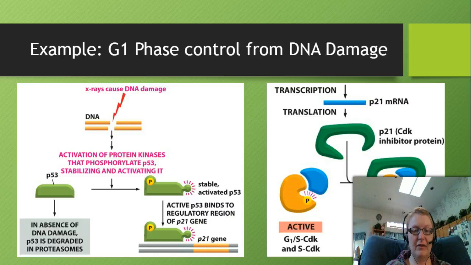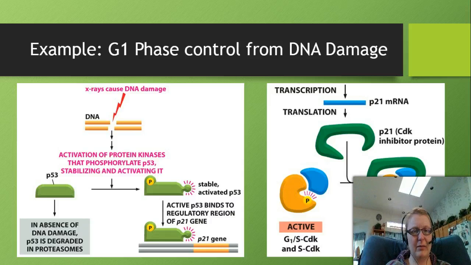So P53 gets phosphorylated. It binds to the regulatory region of a gene called P21, and then this P21 is going to get made, and it's an inhibitor protein that binds the G1 S-CDK or just the S-CDK complexes and prevents the cell from continuing either into S phase or continuing out of S phase because of this DNA damage. So make sure you understand how that works.